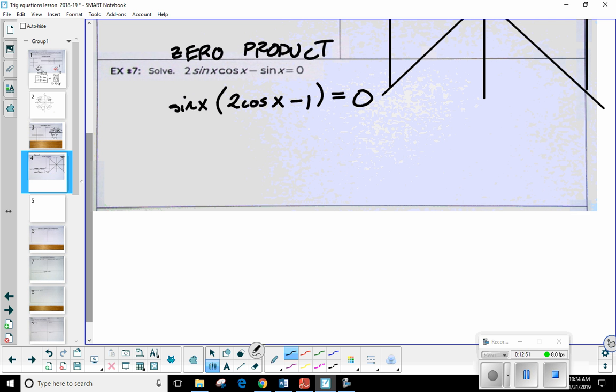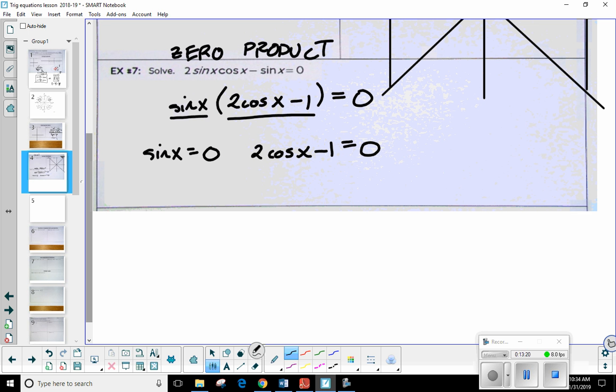What the zero product property says, if I've got two terms that are multiplied together and I get 0, then one or the other has to be 0. So if I'm multiplying these two, then that means either sine of x equals 0 or 2 cosine of x minus 1 equals 0. Okay. So you see how I can separate them, set them each equal to 0, and now I can solve?